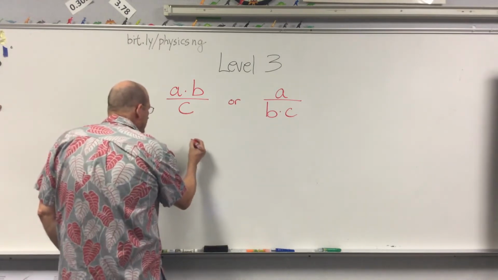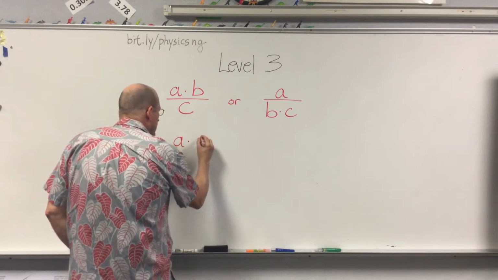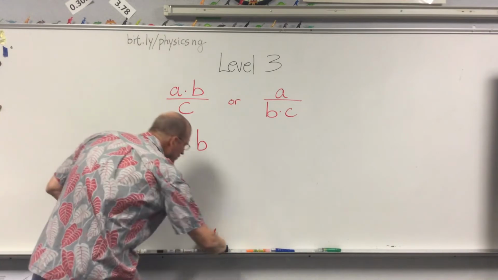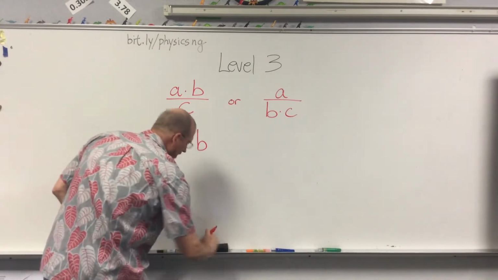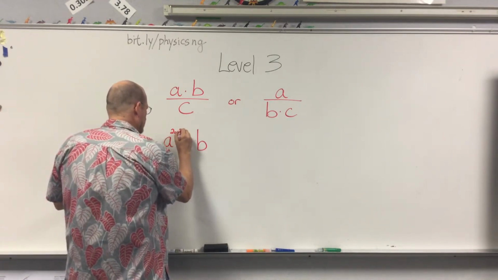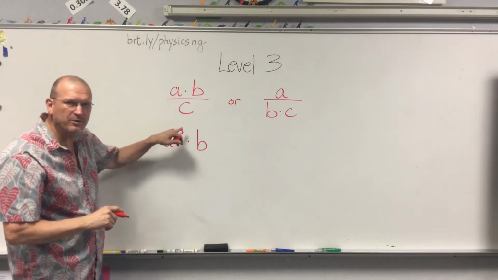Now the other 2 styles, one of them would look like this. Let me move this over a little bit. Which looks like a product, but this first one will either be squared or cubed.